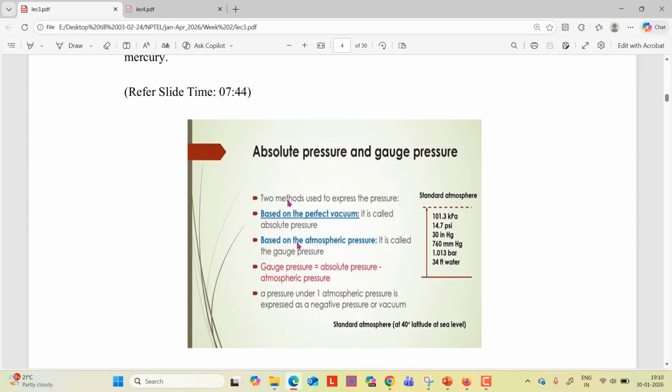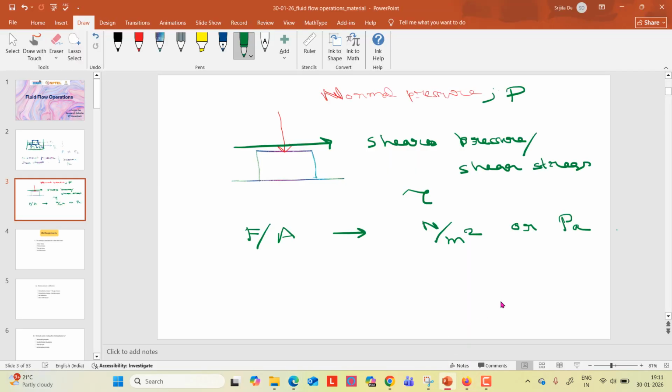Next comes the concept of absolute pressure. Pressure based on a perfect vacuum is called absolute pressure, and pressure based on atmospheric pressure is called gauge pressure. The definition is gauge pressure equals absolute pressure minus atmospheric pressure.